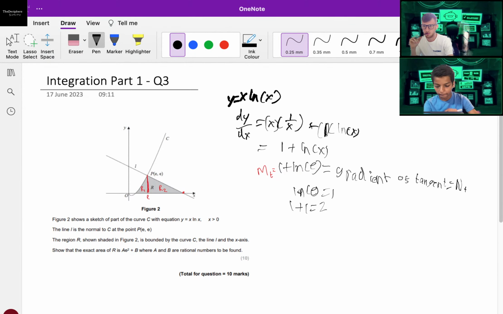And then for the normal, it's just minus 1 divided by 2. Let's call that n, the normal.